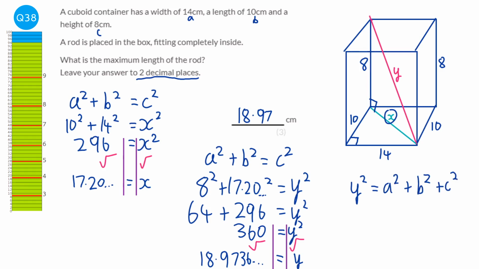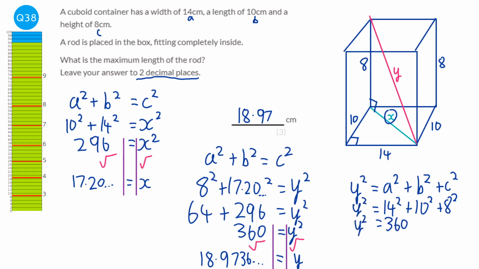It's basically the width squared plus the length squared plus the height squared. And so we would have had 14 squared plus 10 squared plus 8 squared. And when you've done that, you would have got 360.